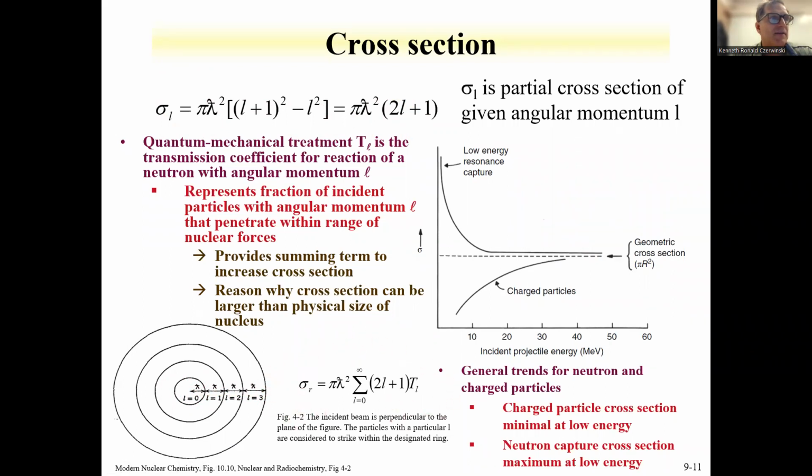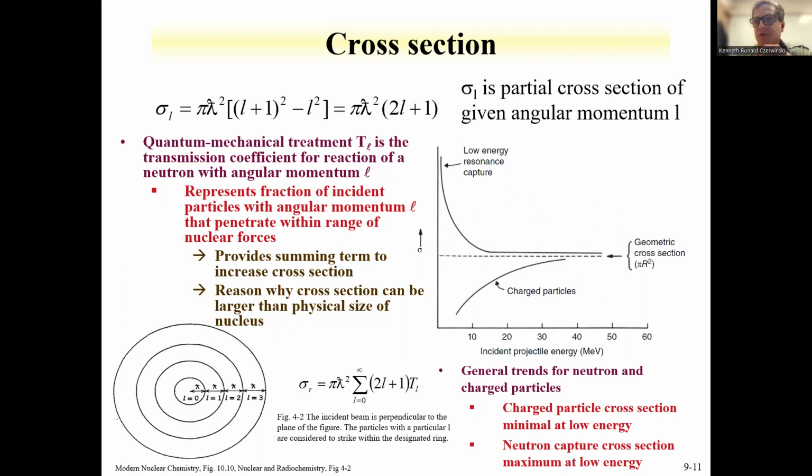This is an example of an incident beam in the plane of the figure, where a particle with a particular L, the angular momentum, is considered to strike within the designated ring. So if the particle has a large angular momentum overlap, the cross section increases, because where it can overlap is much larger than this center part of the bullseye.